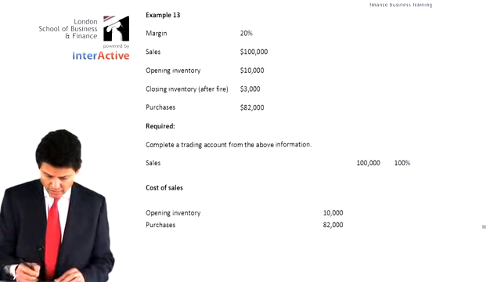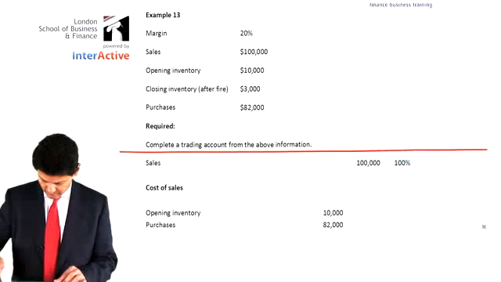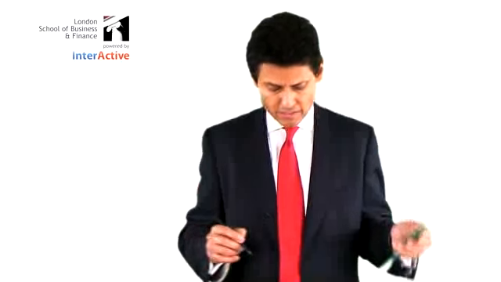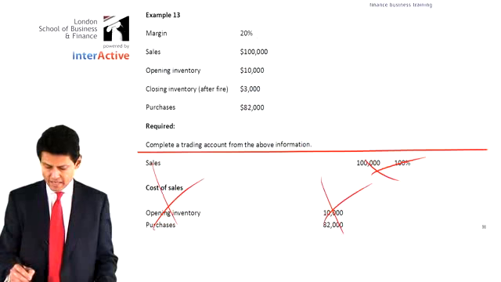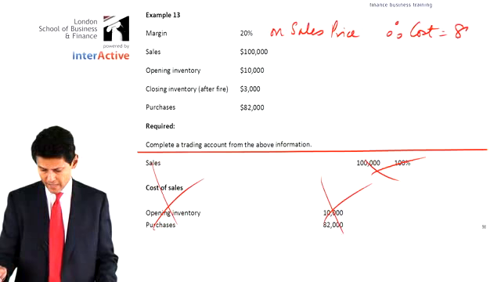So, as usual, I'd like very much to blot out all of this to concentrate only on the question. So, 20% is a margin, obviously on sales price. So automatically I'm saying to myself, cost must equal 80%. Does that make sense?